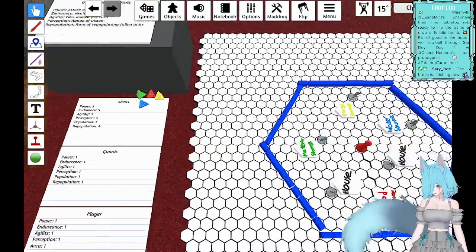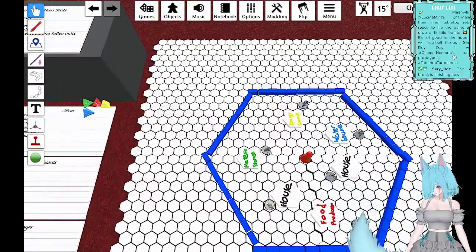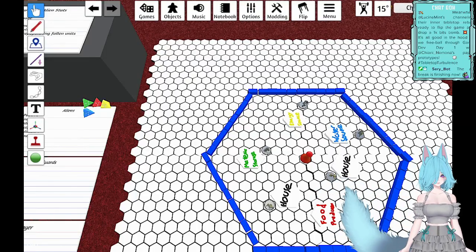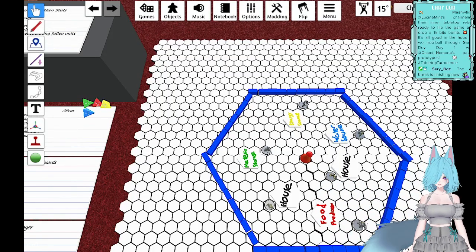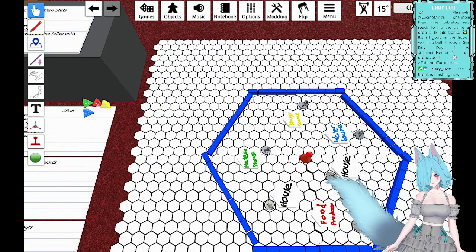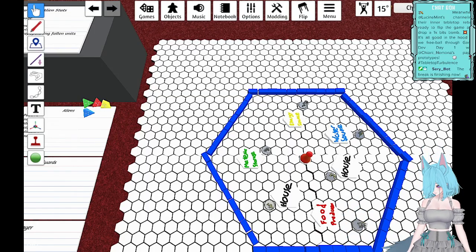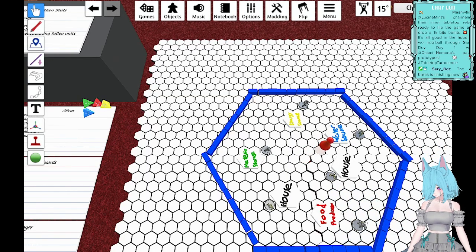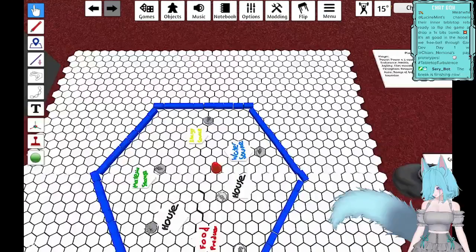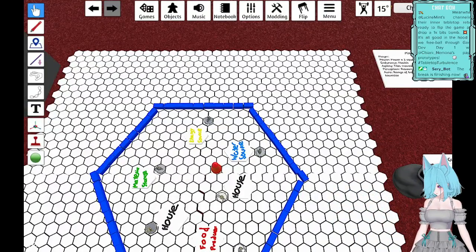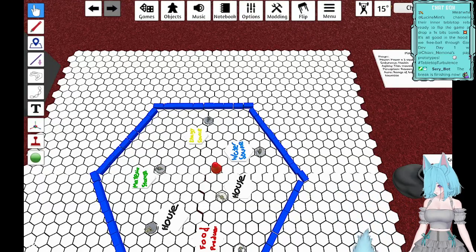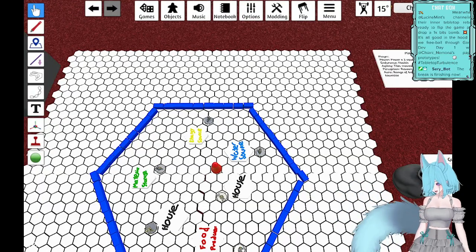Especially because we can't reach anything in this turn. But I digress. I'm going to move towards the water source. For us to get anything, we have to reach one of the surrounding fields.